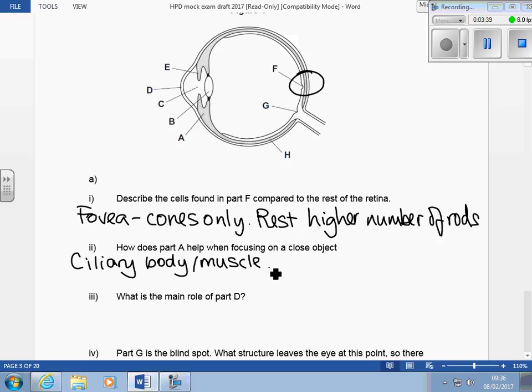And so what does it do for focusing on a close object? It will adjust the lens by contracting. Yeah, which one for close? It becomes more curved, so it actually contracts for that, yeah? So it contracts.